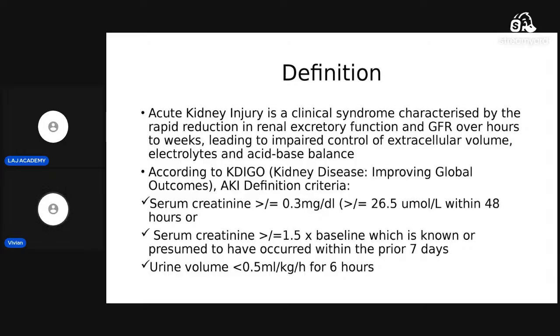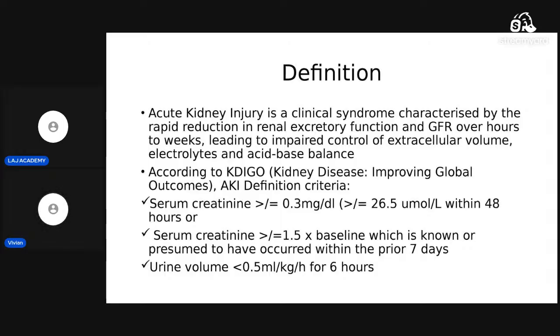According to KDIGO, there's a criteria definition for acute kidney injury. In this criteria, it uses serum creatinine or urine output.